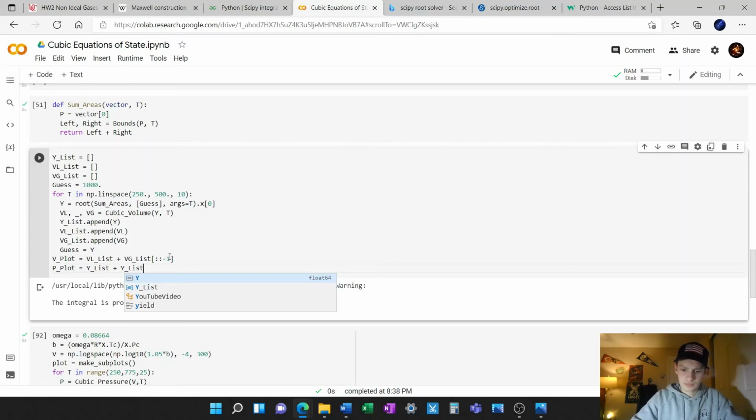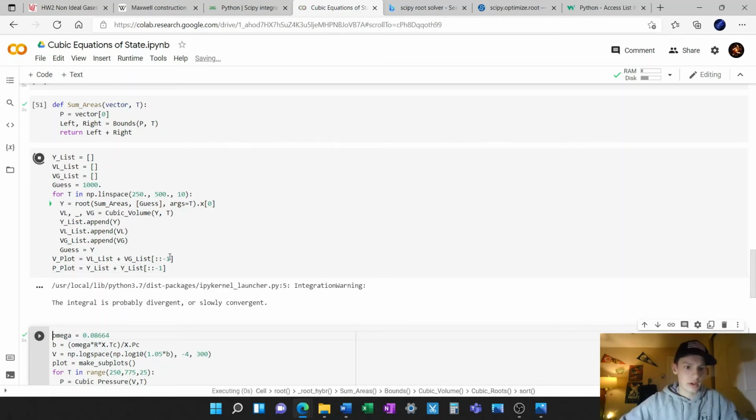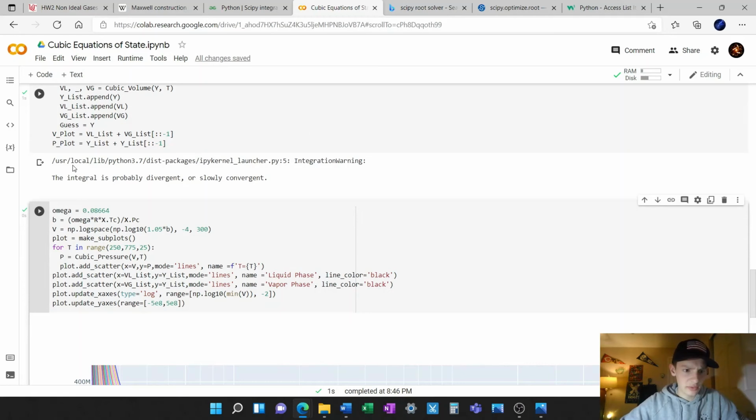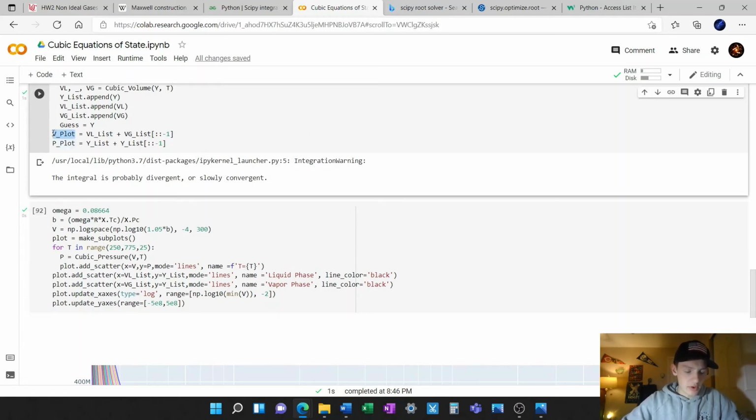So let's see where that takes us. Okay. Make sure that's correct, and it seems to be. Now what we want is V plot in here, right?